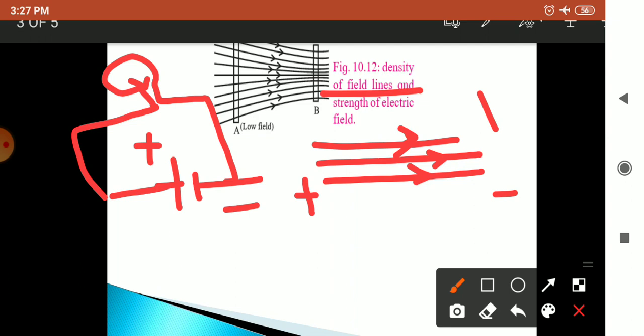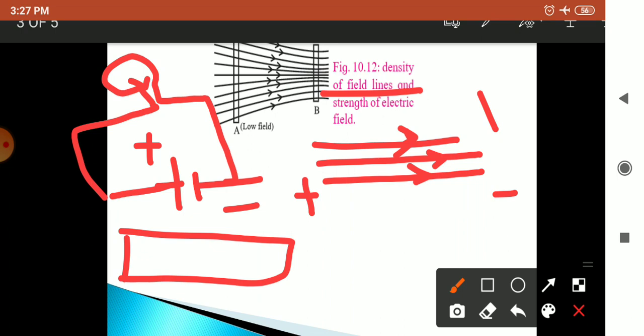That is, the electric field inside a conductor is always zero, but they pass through insulators.